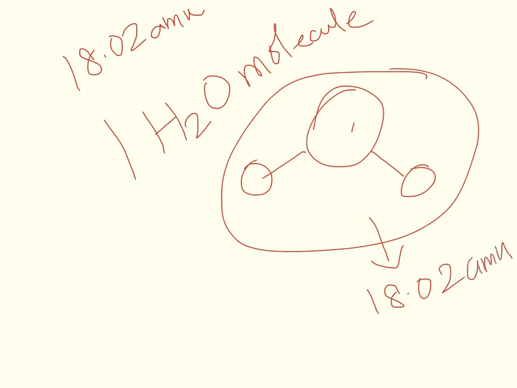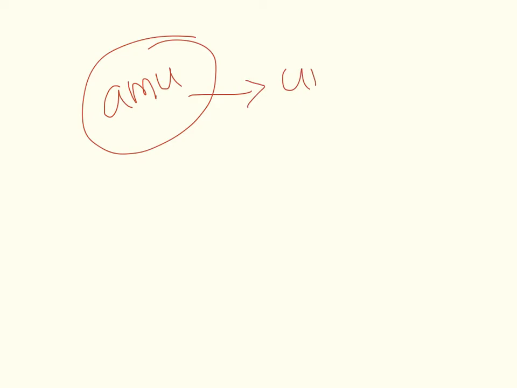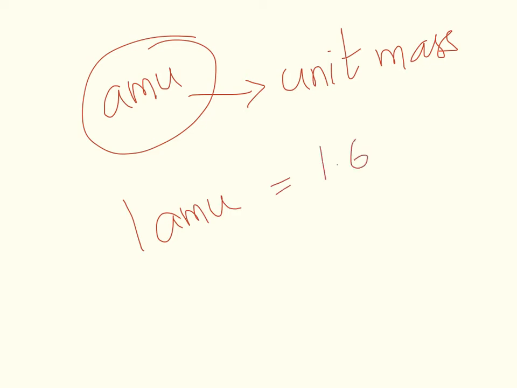Going back to what we learnt before, AMU is atomic mass unit. It is just a unit of mass, just like milligram or kilogram or gram. And what is the relation between AMU and mass? 1 AMU is approximately 1.66 times 10 raised to negative 24 grams.